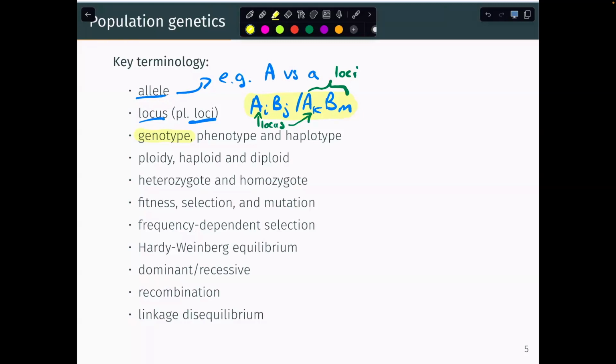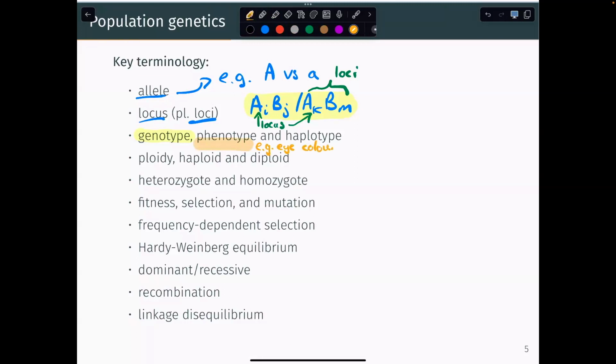You can think as well of things like your blood type. We don't characterize you by your whole genome when it comes to your blood type. There are just distinct blood types which correspond to particular genes. So that's your genotype. Your phenotype is here. Your phenotype you can think of as being things like eye color.